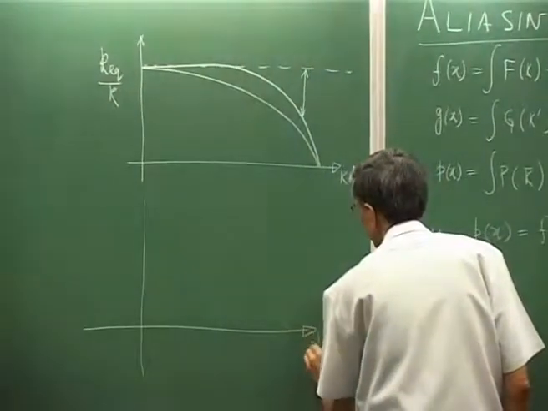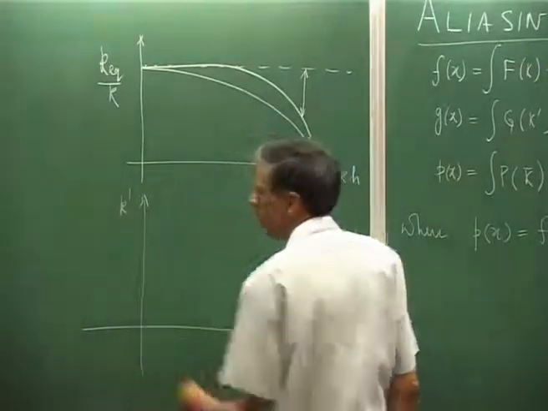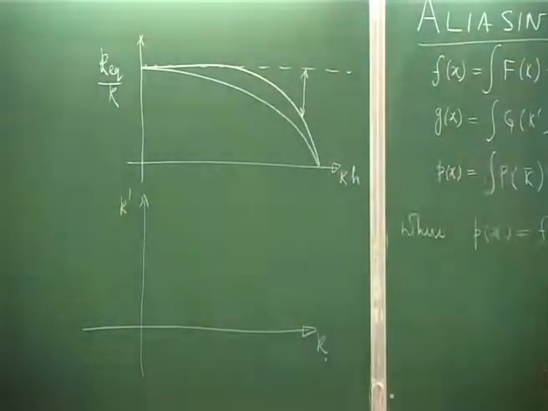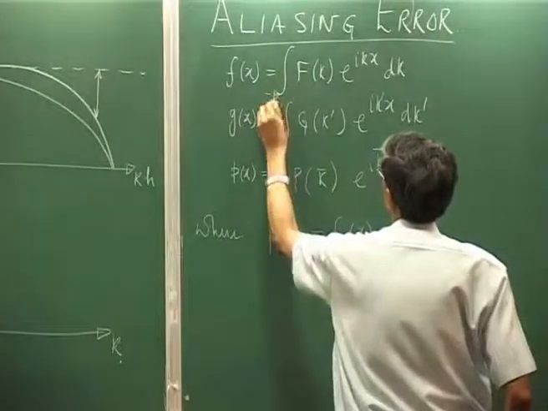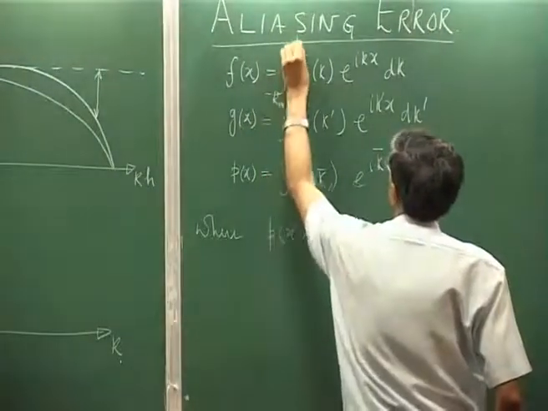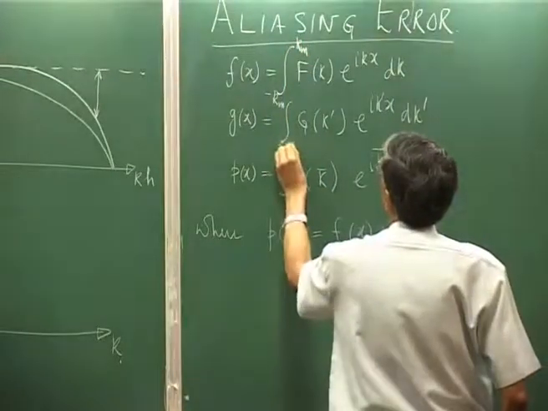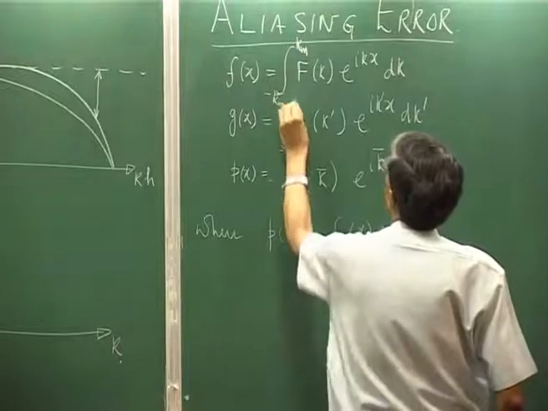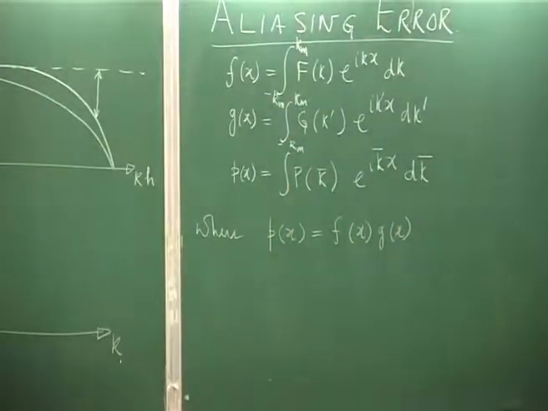On this side, let me plot k, on this side, let me plot k prime, and the range of it is going to be minus km to plus km. If I am using the same grid, the range is fixed by the Nyquist criteria, so km should be equal to pi by h.